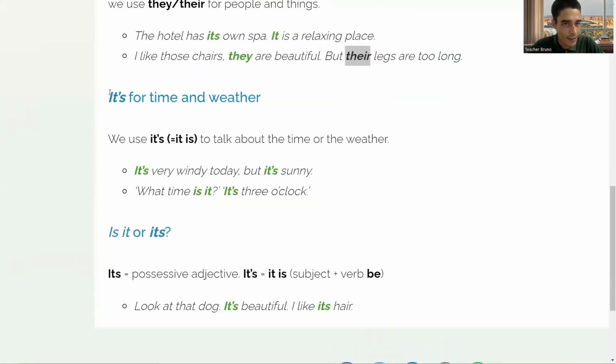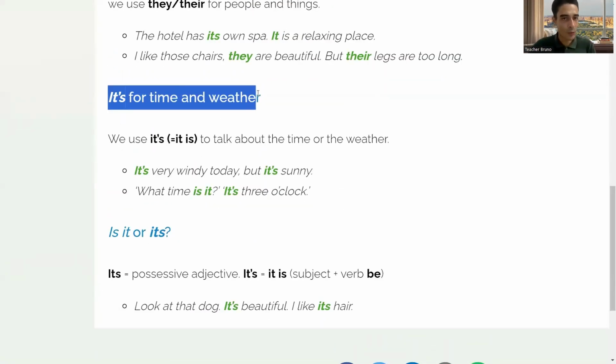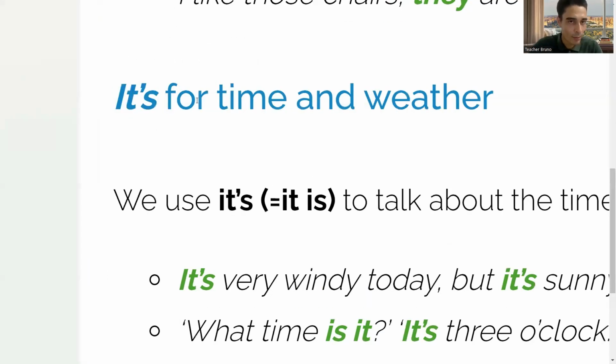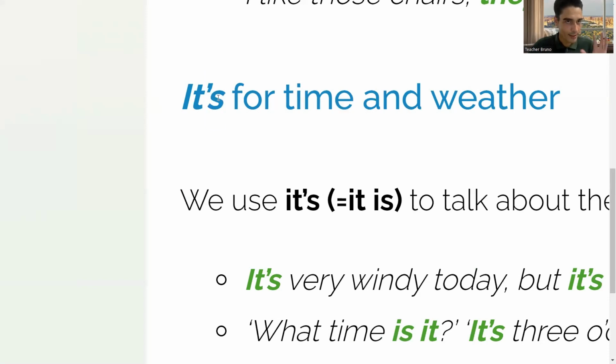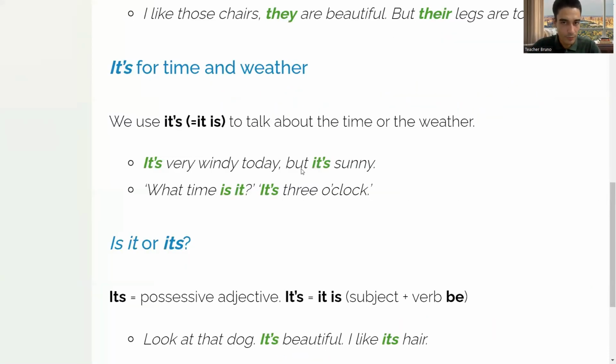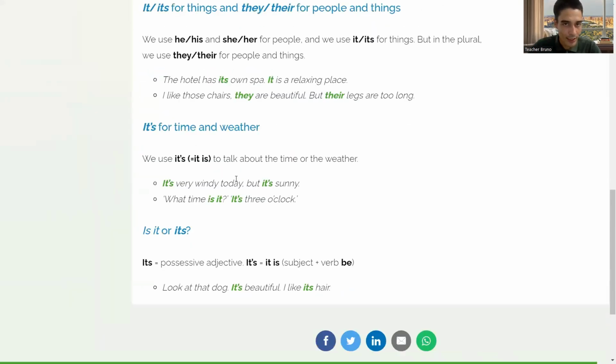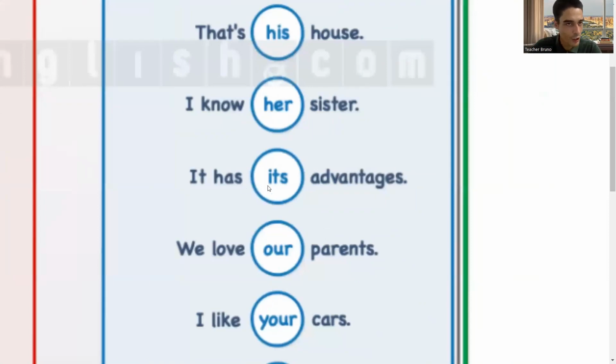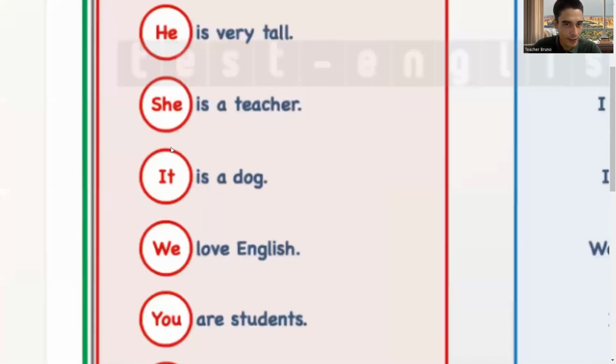And it's also used for time and weather. Remember, this is the subject pronoun plus verb to be. This is the abbreviation of the verb to be. So do not confuse it's over here, possessive adjective. So there's no apostrophe. On the other hand, we can use the contracted form here.